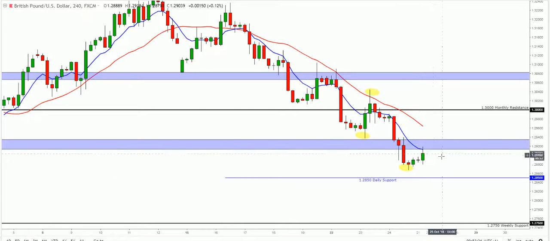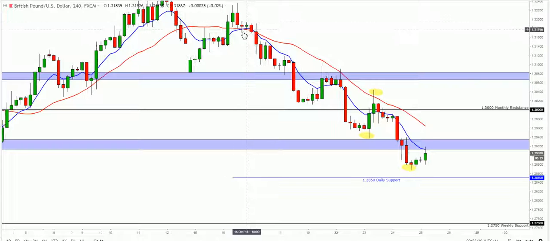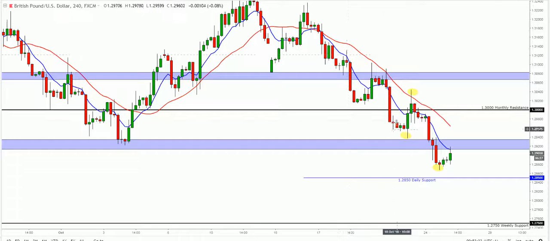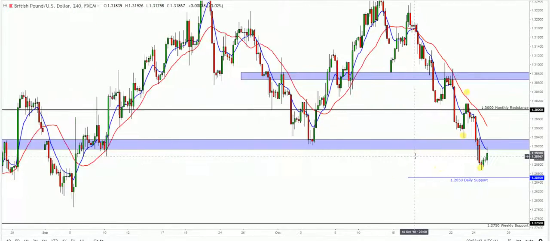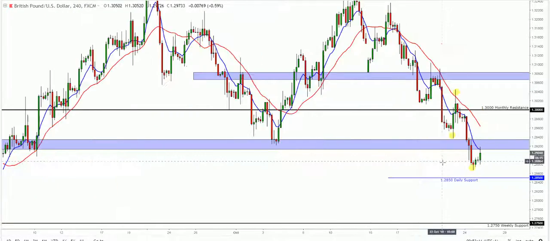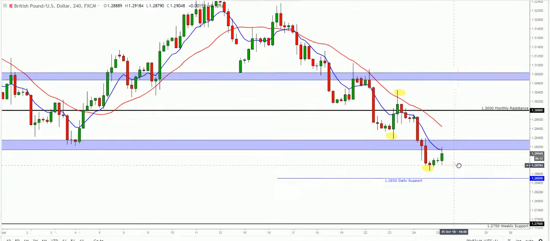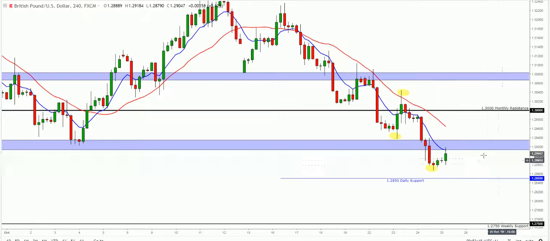There is the potential to see some consolidation within this region. As you can see, we've been heading downside for quite some time. We've had brief hesitations in the market, but no real consolidation. I do see the potential to see some choppy price action.